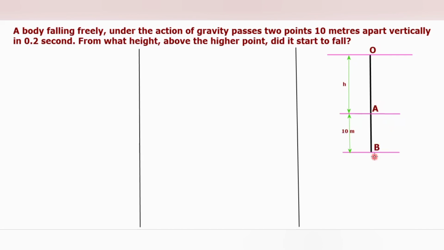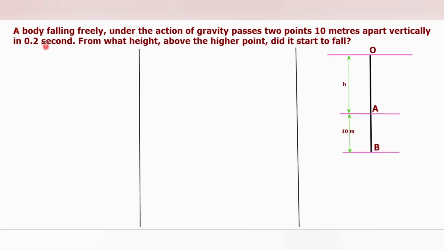So here, the initial velocity I'm going to take as U1, which is at A. The final velocity will be the velocity at B. The distance will be 10 meters.